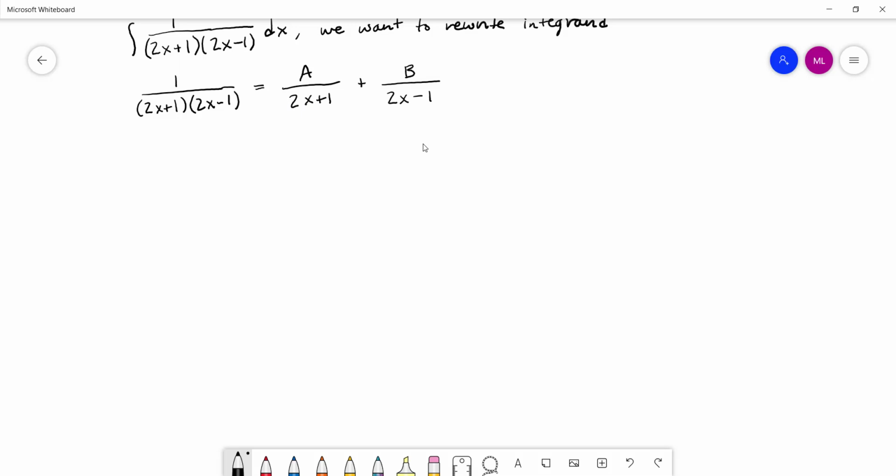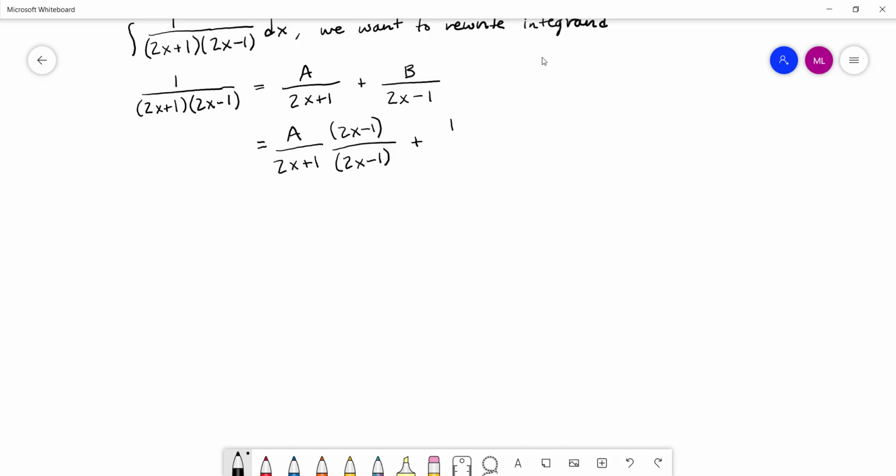So basically just start to find a common denominator. For the first one, I'm going to need to multiply top and bottom by this denominator over here. So it's going to be A over 2x plus 1 times 2x minus 1 over 2x minus 1.